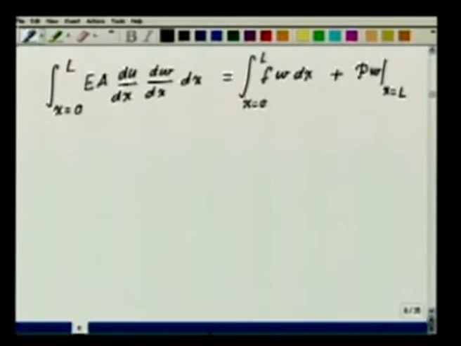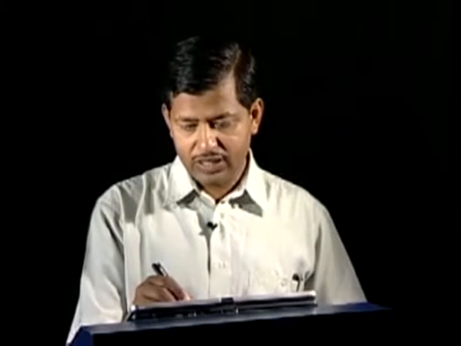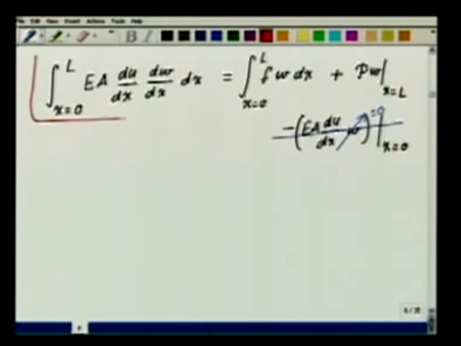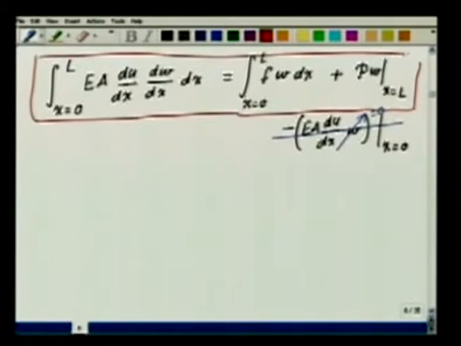But at x equal to 0, our U is specified. But you note that at this end, since U is specified, W is equal to 0. So this whole term goes off. So we are left with essentially this part. So for our model problem, this is the weak formulation.